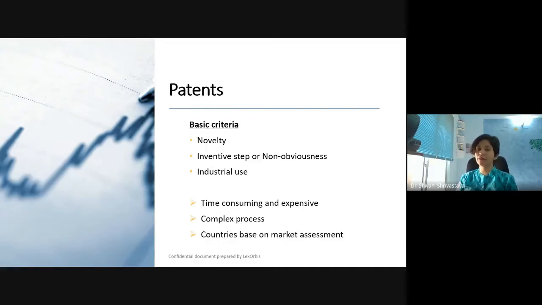Patents are time consuming and expensive, but they give stronger protection, because once you have a patent, you have a kind of monopoly, and you can stop others from using your technology. But you can license it to others, or you can assign your patent or technology to anyone else who is interested.